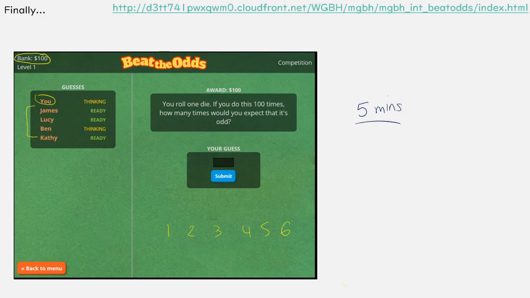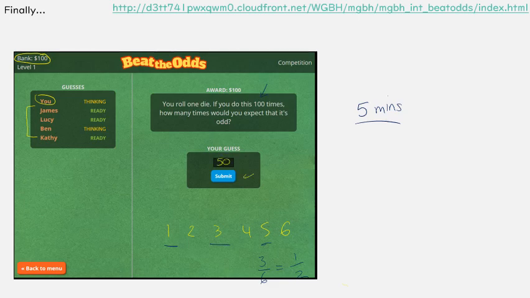How many times would you expect it odd? Well, odd is 1, 3, or 5. That's 3 out of 6 numbers, or a half of the numbers are odd. So if we threw it 100 times, we would expect it to be half the number of times. So my guess would be 50.